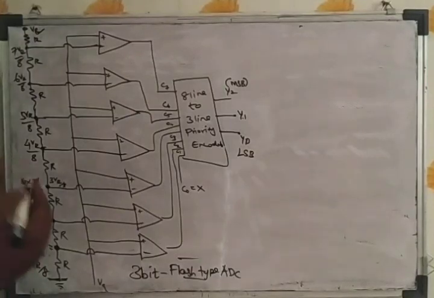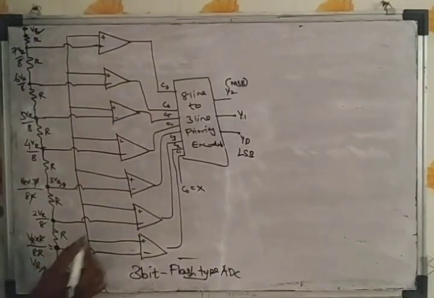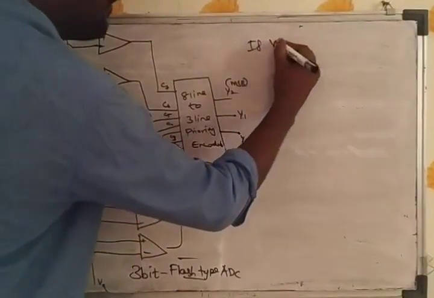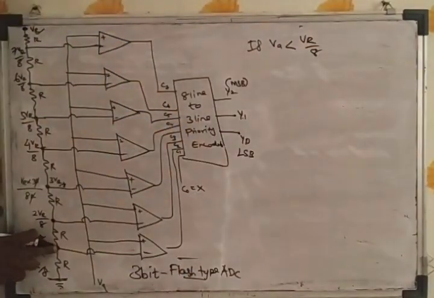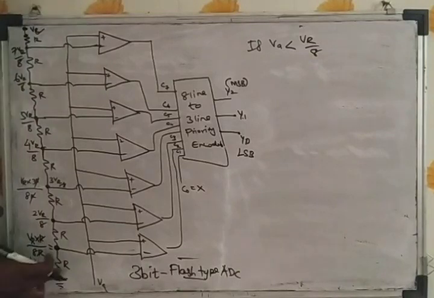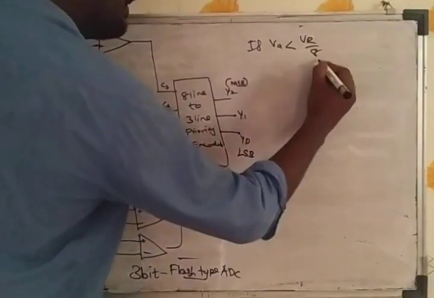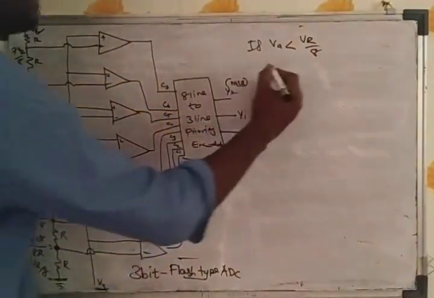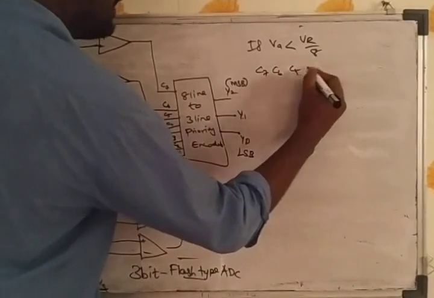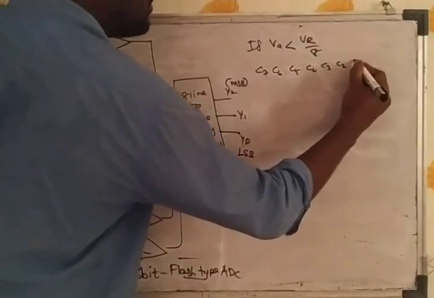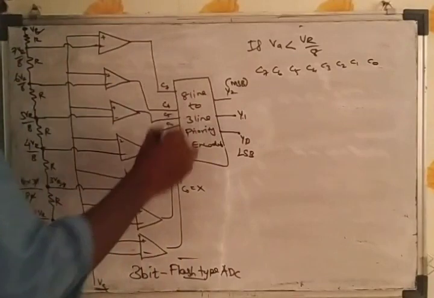If VA is less than VR by 8, then your outputs C7, C6, C5, C4, C3, C2, C1, C0 all values are 0.